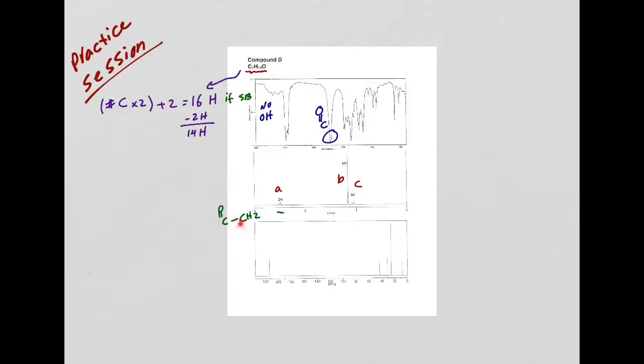Again, it's not directly attached to an oxygen. If it was directly attached to an oxygen, it would be more downfield, around 4 ppm, but this is 2.5 ppm. So it's probably a CH2 attached to a carbonyl. So far so good? So the hydrogen are attached to a carbon and that carbon is attached to a carbonyl. And I said it's CH2 because the integration is 2.